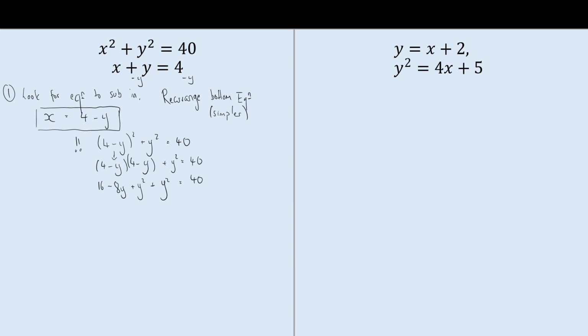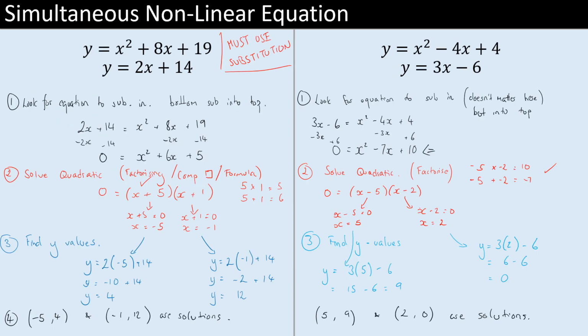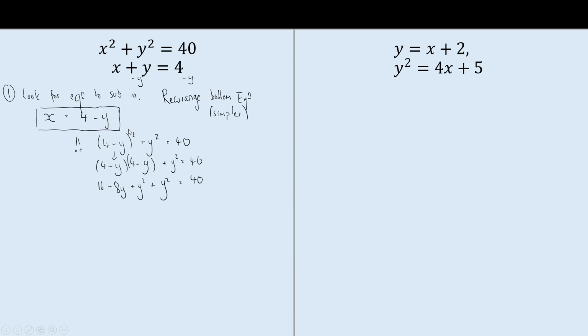Now at this point, this is very similar to the line that we've got here. Okay, we are at the point where we want to start simplifying things. Get everything onto one side of the equal sign. Make it so that everything is as simplified as possible. So, we've got y squared plus y squared, which is 2y squared.